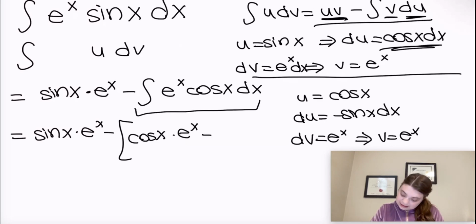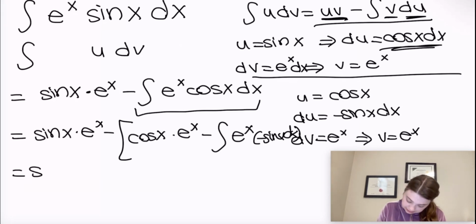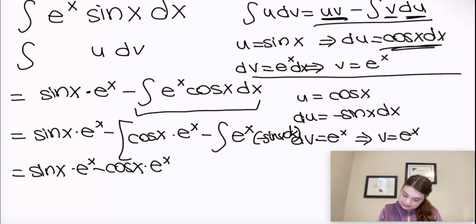And then minus the integral of v times du. So what is v du? Well, v is e to the x, and du we said was negative sine x dx, like that. Okay, so now we're going to end up with sine x times e to the power x minus cos x times e to the power x.